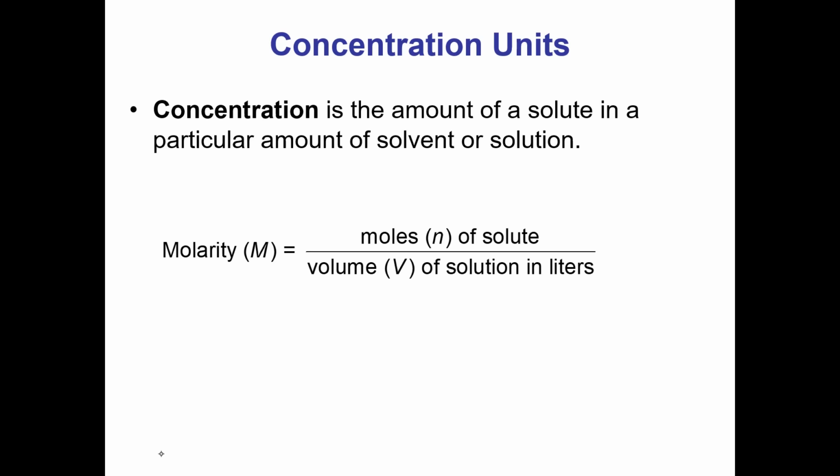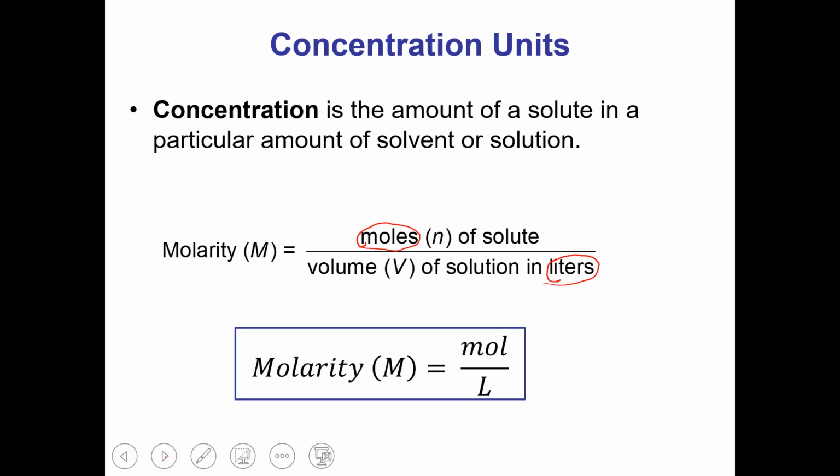The concentration of a solution, when we calculate in terms of molarity, is moles of solute per liter of solution. So these are key points here, that the amount of solute has to be in moles and the volume has to be in liters. So sometimes we will abbreviate that as molarity, and molarity is abbreviated as a capital M. Molarity is equal to moles per liter.